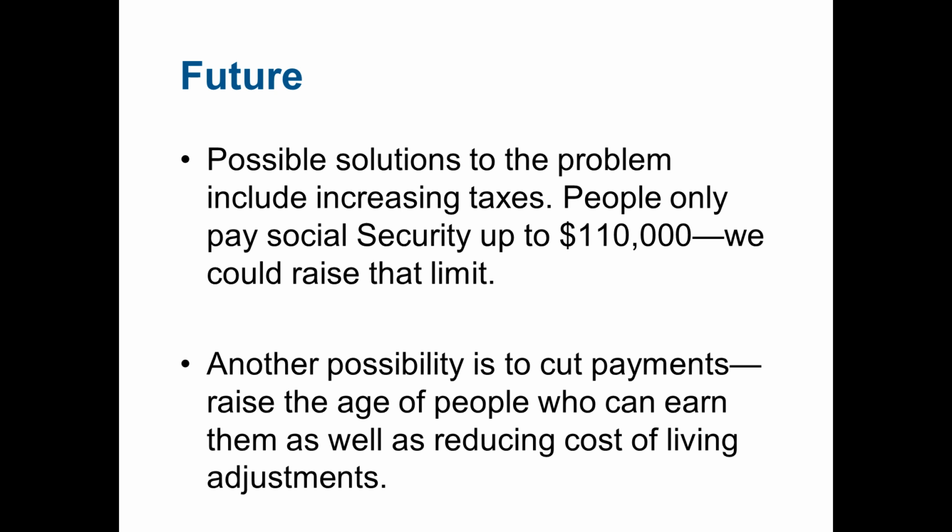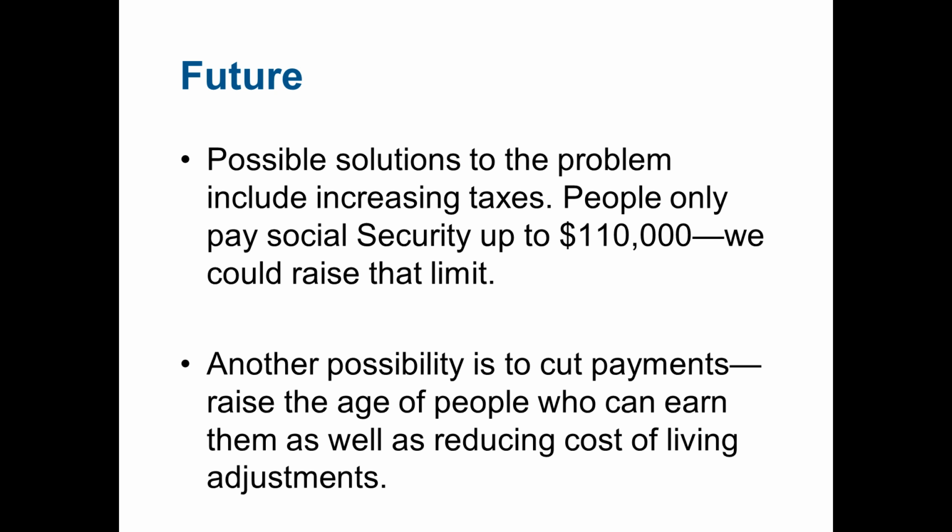So if you make over $110,000 a year, only the first $110,000 is taxed and the rest is not. So one solution that's been proposed is either raising the rate of taxation or lifting that cap to gain more revenue into the system. Other reform efforts have been aimed at reducing the costs, so reducing the amount of benefits that are paid out in the system.